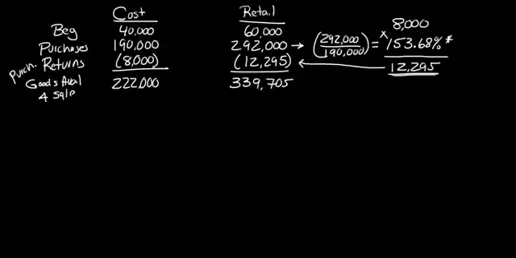Now we've done these both in parallel for a while, but now we're going to break that system. We're going to focus just on the retail side. So here's what we would have had at beginning inventory. Here were our purchases. Here's our goods available for sale.